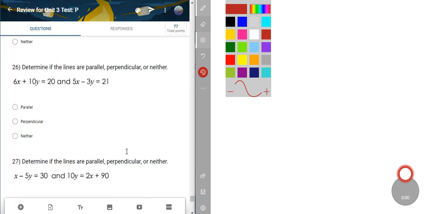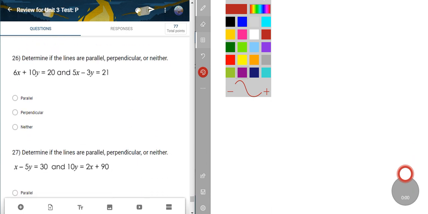26, determine if the lines are parallel, perpendicular, or neither. So now all I have to do is go find the slopes, identify them. So I've got 6x plus 10y equals 20. I'm going to solve for y, because if I can get it into the form y equals mx plus b, I'm in good shape because there's my slope, right? That's a quick way to find it.